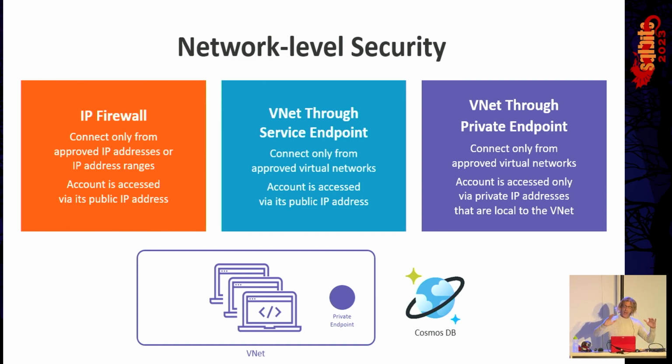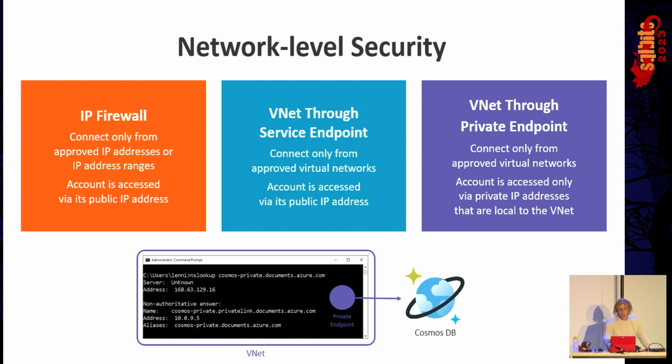And so inside of that VNet, where you have a number of resources or services that are approved to connect to Cosmos DB, you also create a private endpoint. That is a standalone resource you create on its own inside that VNet that can talk to Cosmos DB on its private IP address.